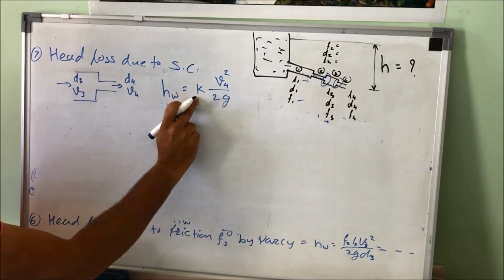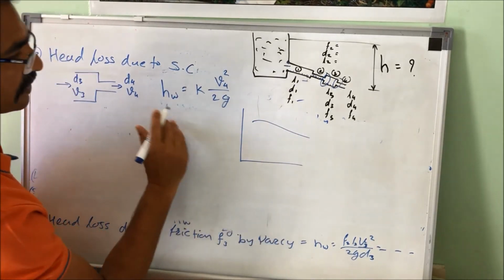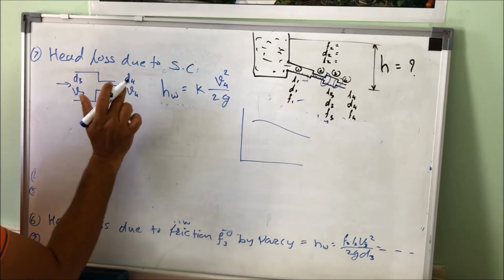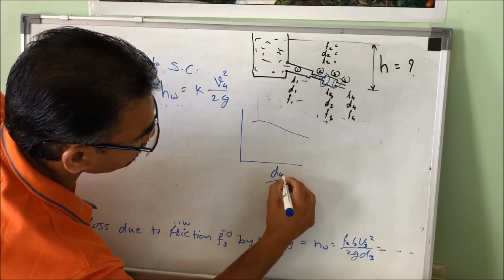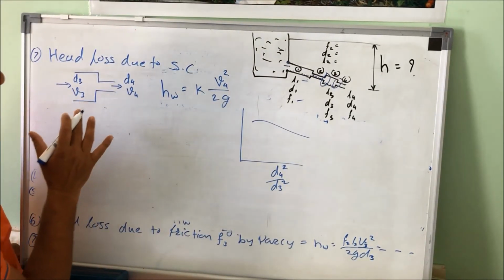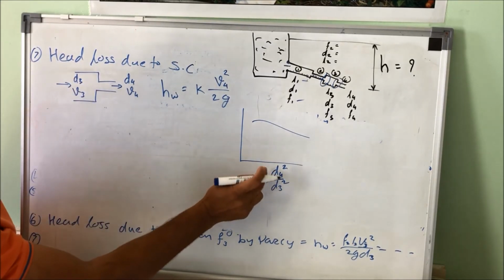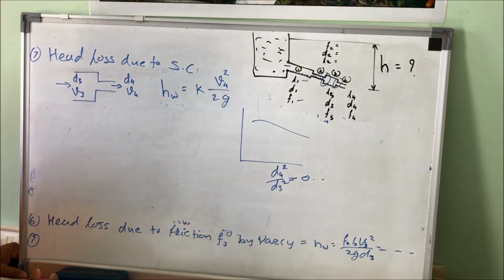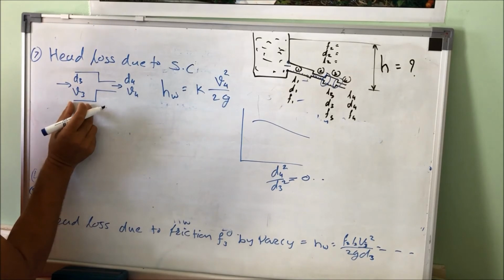And how do you find K? K again from the graph. Now the graph is between D4 by D3 square. Earlier it was given D2 by D1, so the number will be changed because here it is outlet over inlet, so it should be 0 point something, because it is smaller diameter over bigger diameter.